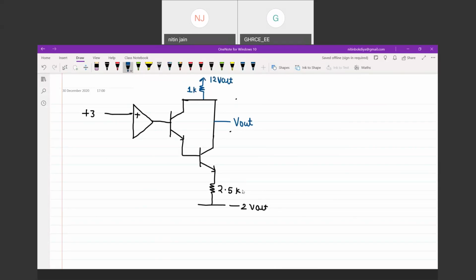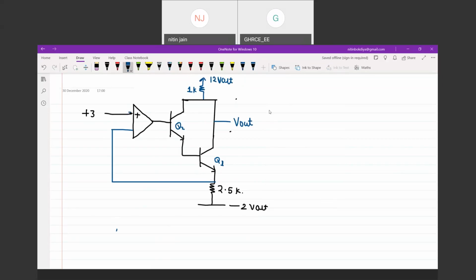And feedback is provided through the emitter of the BJT. Let's say this BJT is Q1 having operating point Q1. This is Q2. So there is a feedback provided like this. Okay, so I am interested in V output for this circuit.